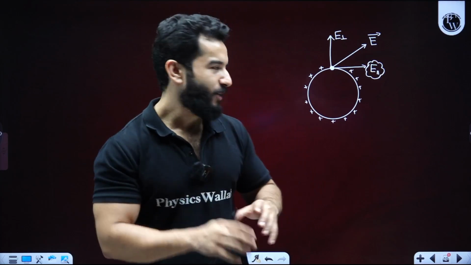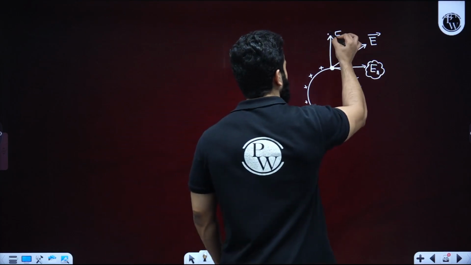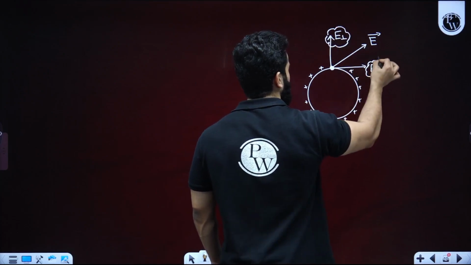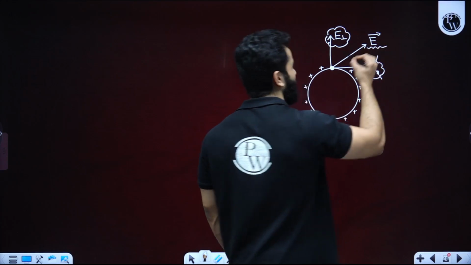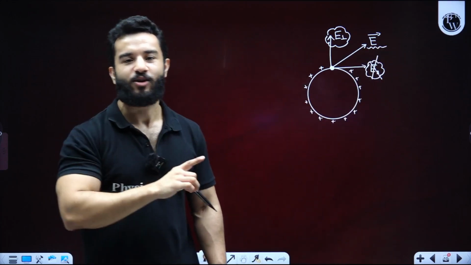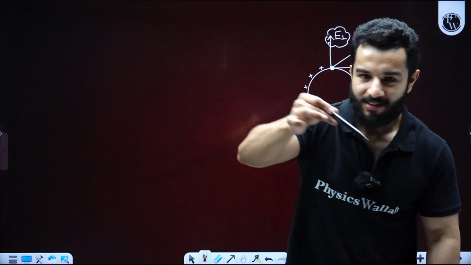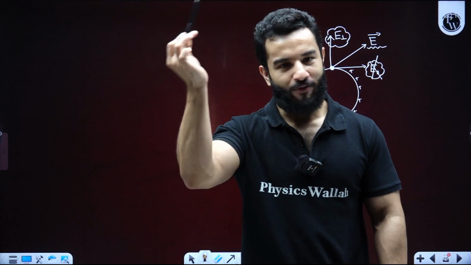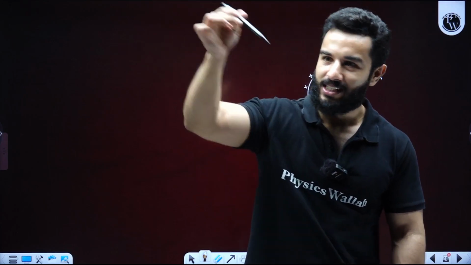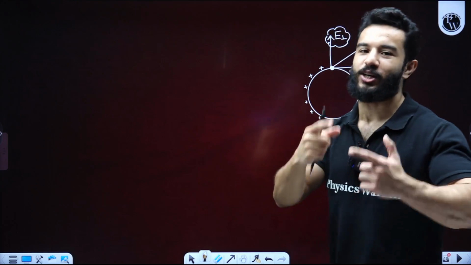This is why only this electric field is permissible, not this. So the electric field will never be at any angle other than 90 degrees from the surface. Either they will terminate or they will originate. If it is positive, they will originate at 90 degrees. If it is negative, they will terminate at 90 degrees. We are going to talk about this concept again in electrostatics.